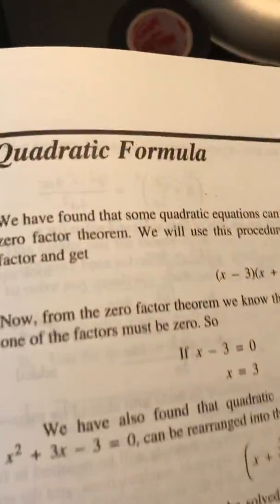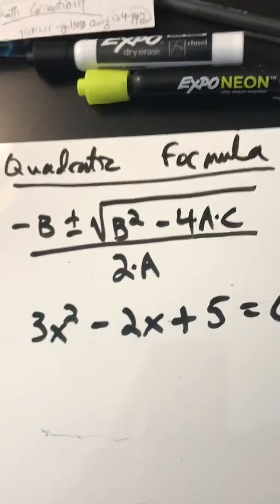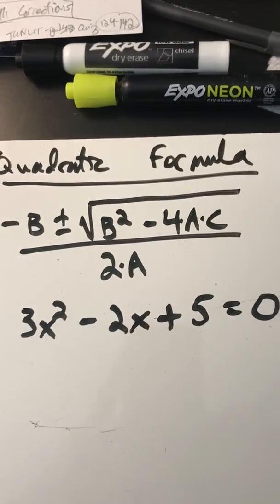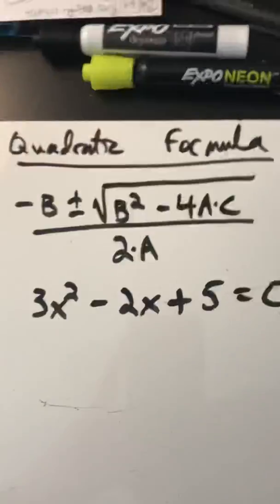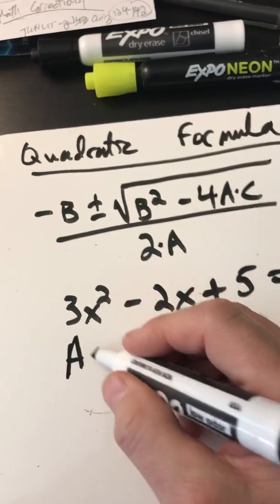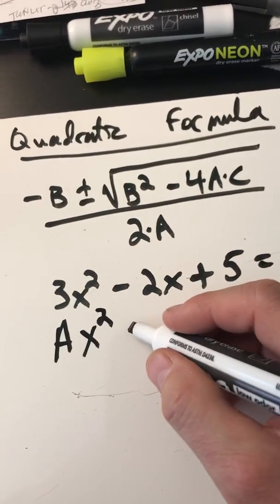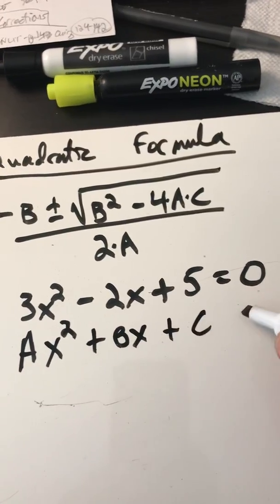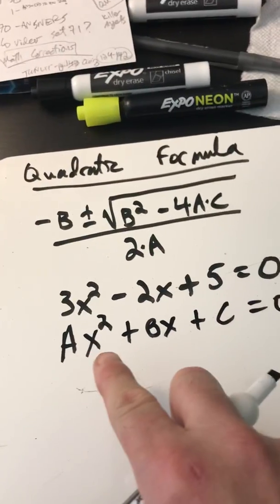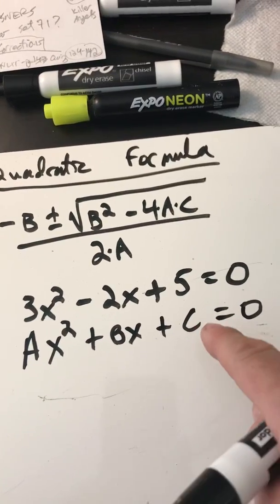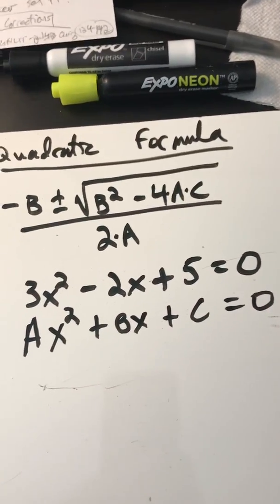So let's start with the quadratic formula, which everyone has to memorize. It's negative b plus or minus the square root of b squared minus 4ac all over 2a. If we were to write the standard form for a trinomial, it would look like this: ax squared plus bx plus c equals 0.